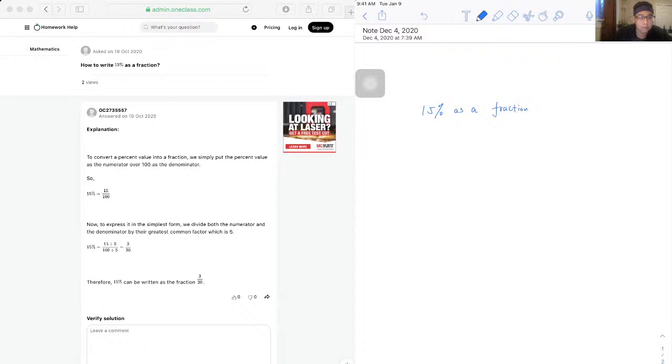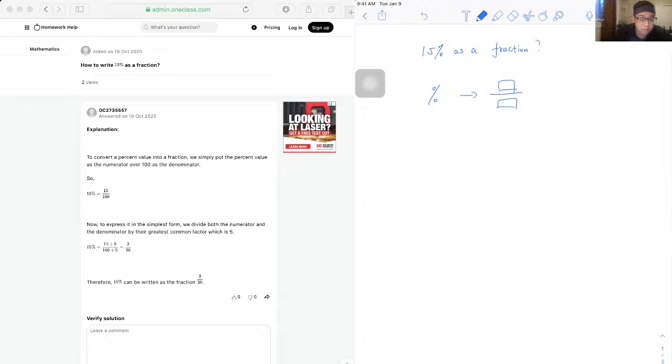Whenever we come across a question asking us to convert something in one unit into another, in this case, percent to fraction, right?